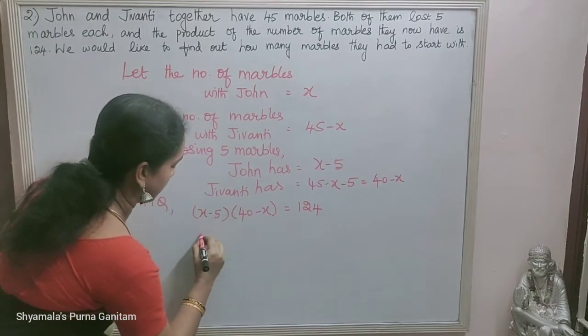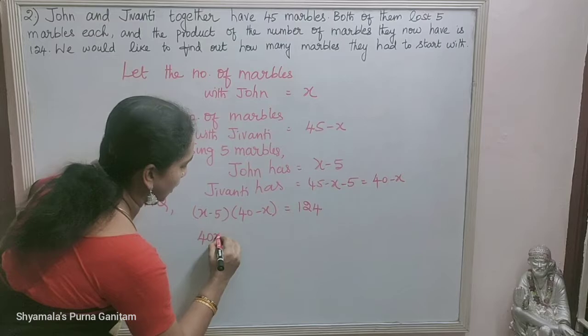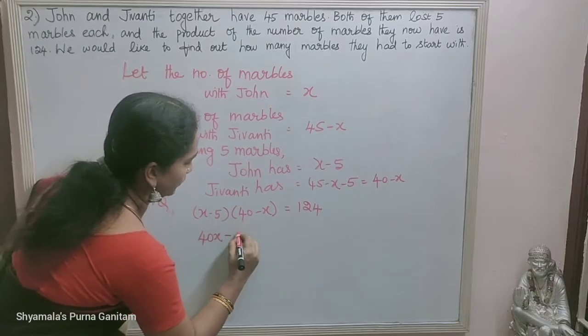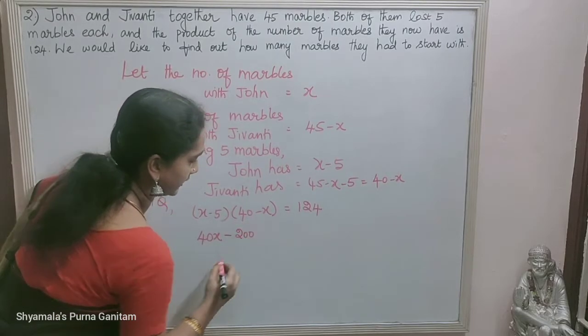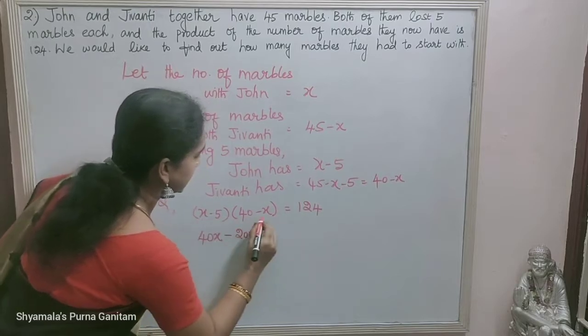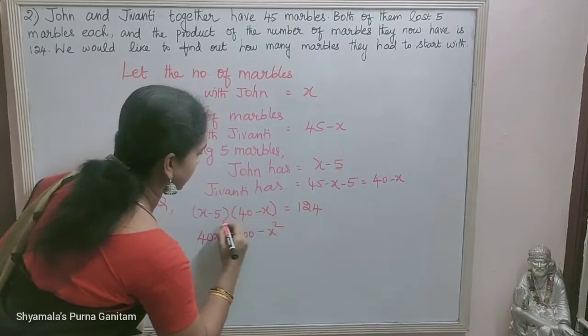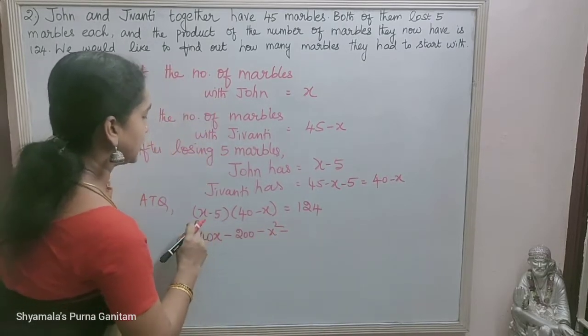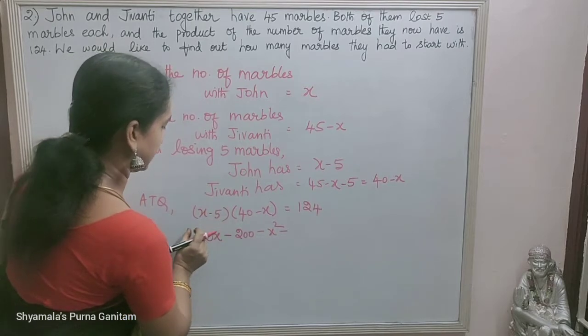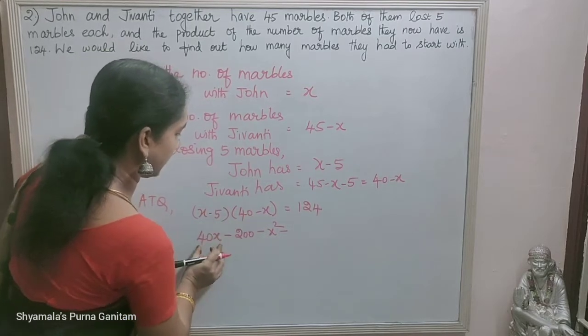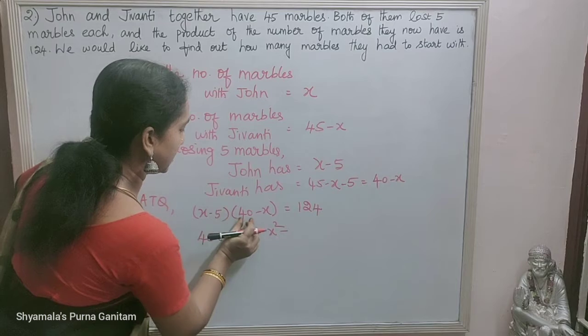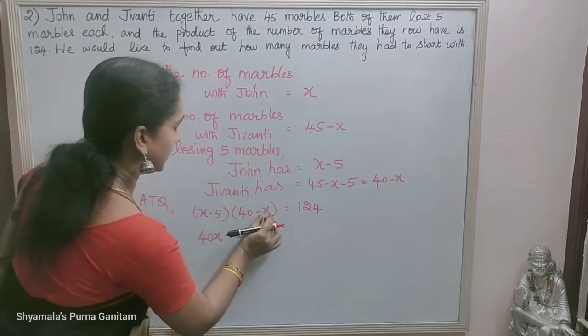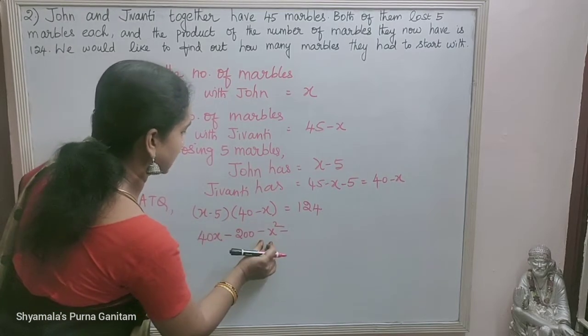So now when you simplify this, first you are multiplying by x. So x and 40 will be 40x, and 5 into 40 will be minus 200. Now minus x into x is minus x squared.